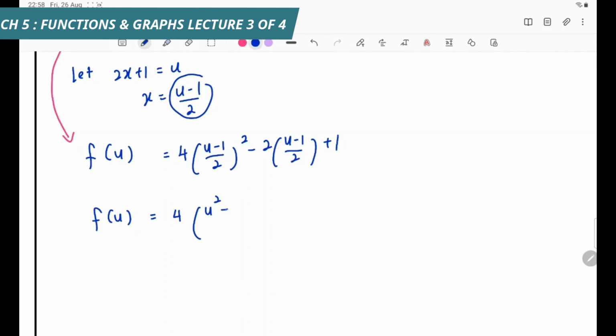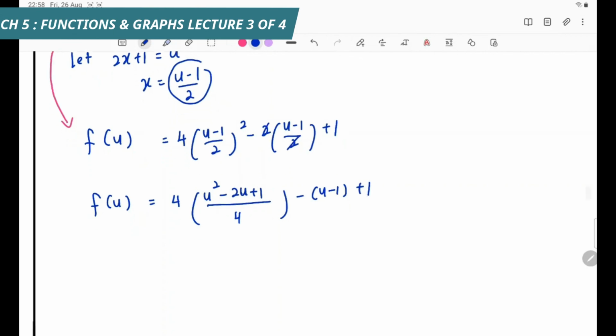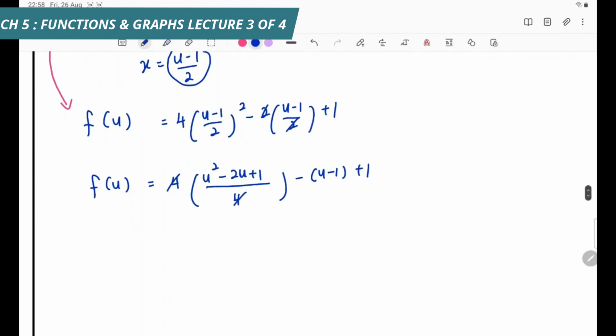Open up the bracket. Cancel out. Cancel out again. So we have u squared minus 2u plus 1 minus u plus 1 plus 1.